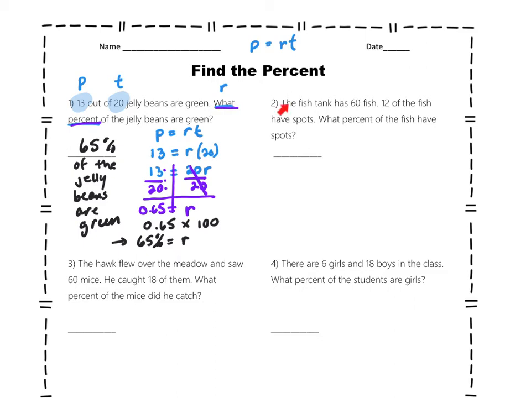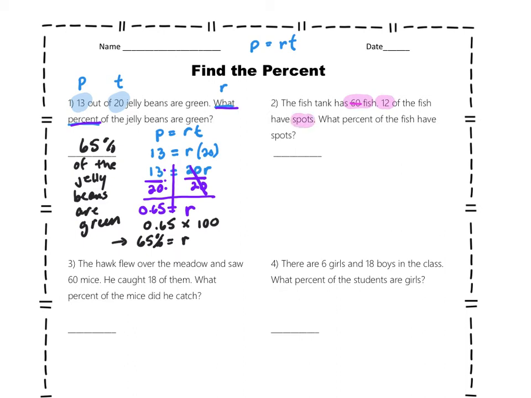The second question says the fish tank has 60 fish. 12 of the fish have spots. What percent of the fish have spots? So we're going to start by highlighting our information. I see that the fish tank has 60 fish. Whoops, didn't mean to cross it out, meant to highlight it. 12 of the fish have spots.